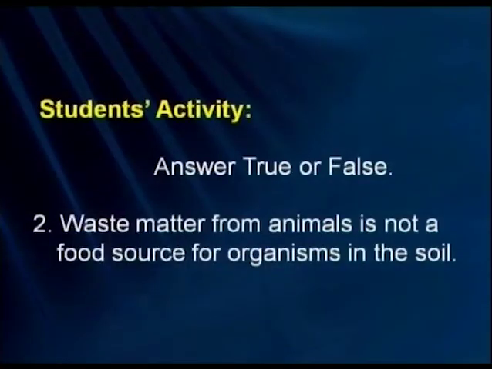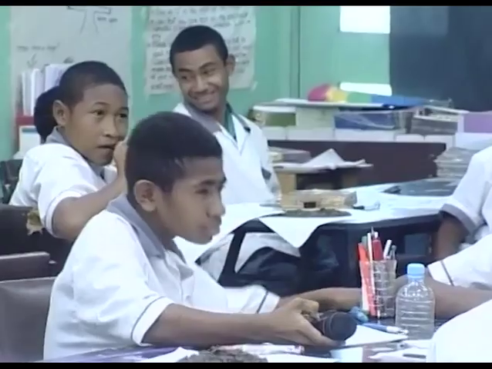Okay, let's move on. Waste matter from animals is not a food source for organisms in the soil. Jason. False. Very good. False, okay?